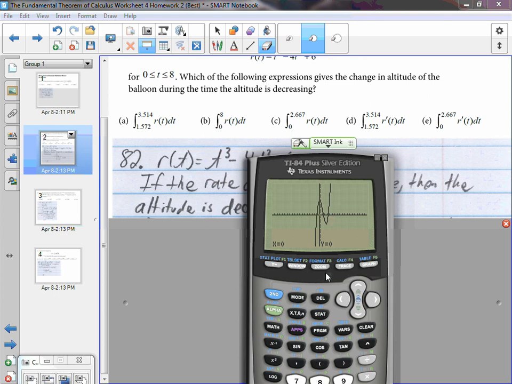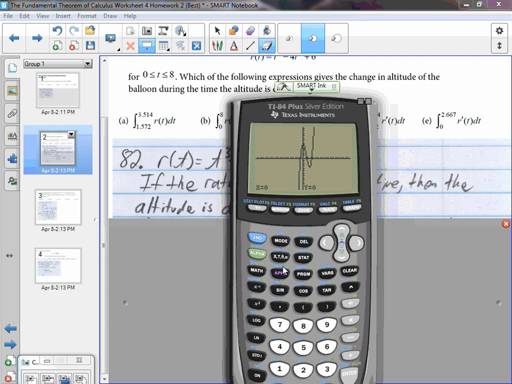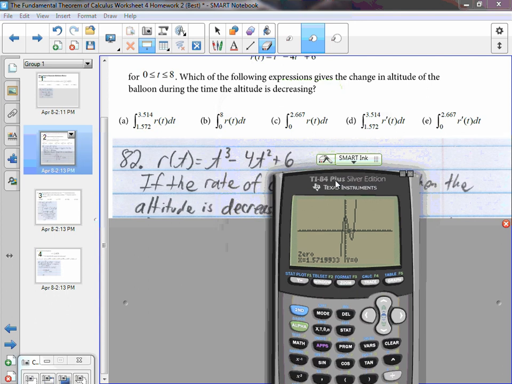All right, so let's find one of them. Second calc, zeros. I can do the left bound there, move the cursor over to the other side, and make a guess. I get 1.5719.